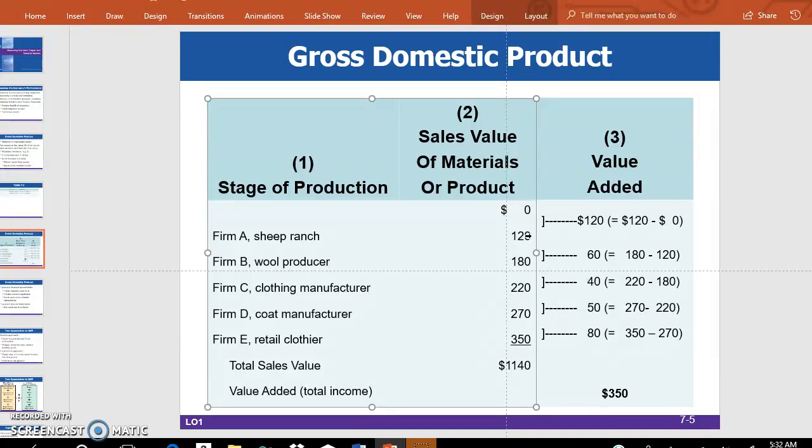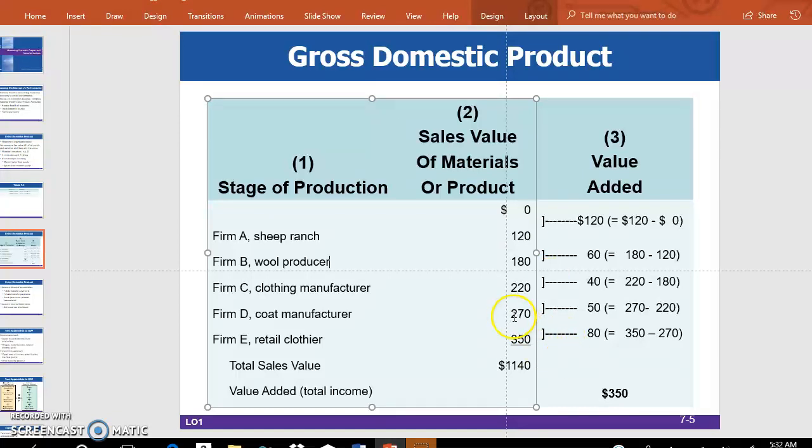Then farm C. Farm C is the clothing manufacturer. Sales value is 220, and the wool producer's is 180. So 220 minus 180 is 40, right? Coat manufacturer is 270.